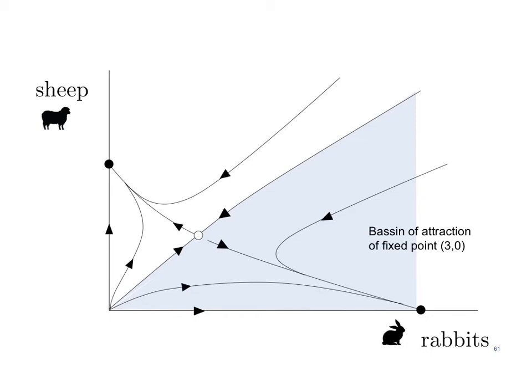Now let's analyze it a bit in terms of physics. What is this actually representing? Do you think sheep and rabbits can cohabit? Can they live together in peace? It's actually going to be pretty hard. Indeed, what this model is telling us is that there is a principle of mutual exclusion.